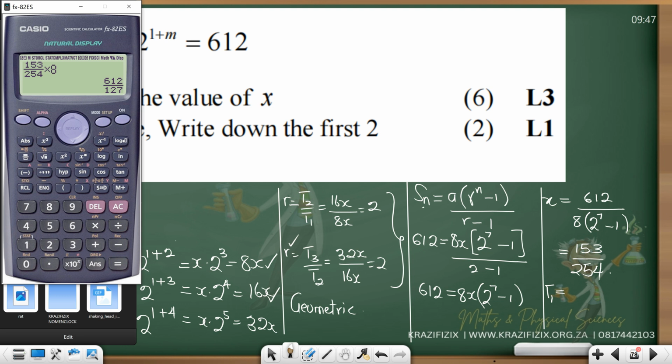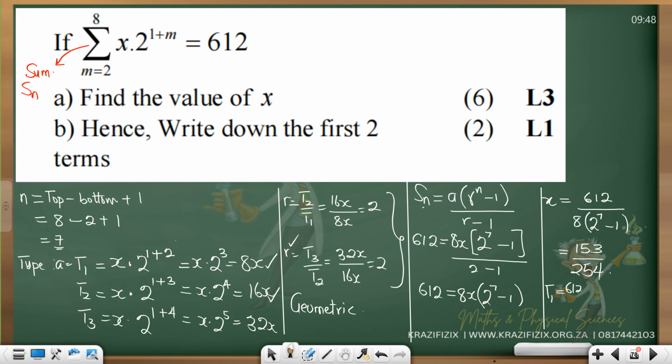Make sense? Then you substitute 16x now. All right, 612 over 127. 1224 over 127. That's the next one. So the first one, 612 over 127. 1224. And that's your sigma.